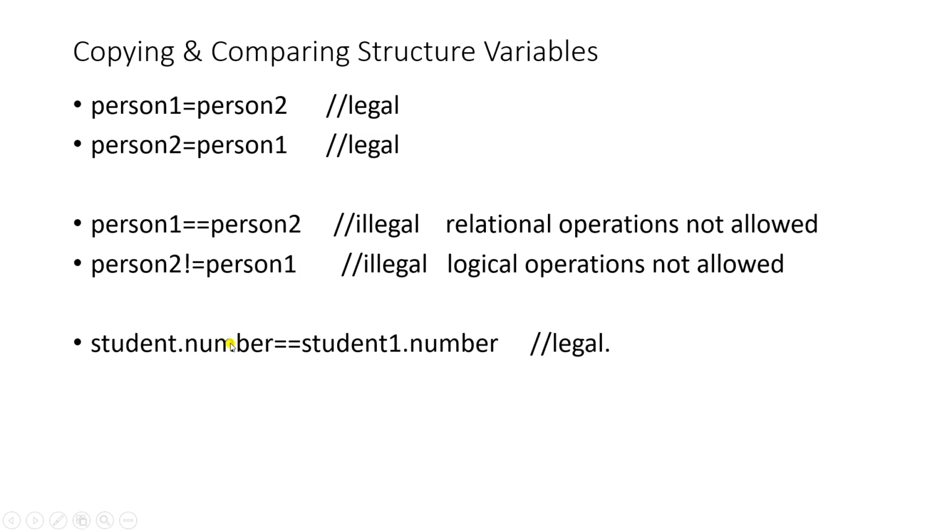Number is a structure element, so you are comparing that with another structure element. You can use this in compare statements. That is possible and legal. So you can compare only structure elements, not structure variables as such.